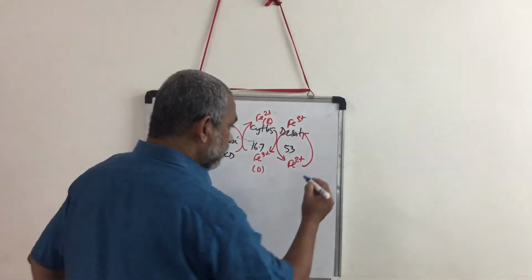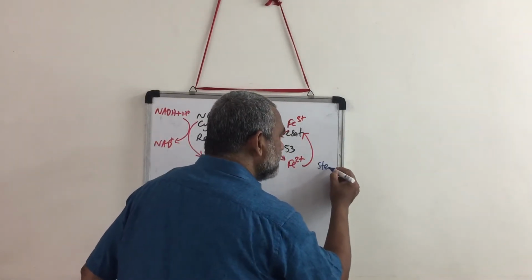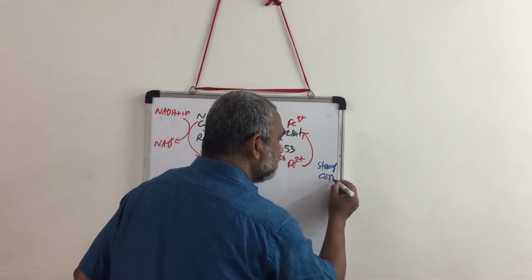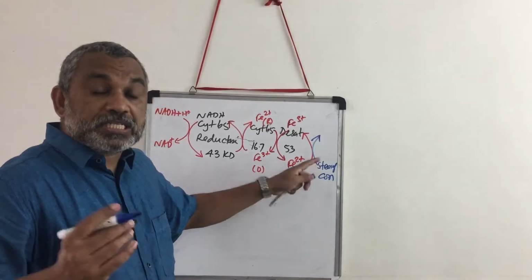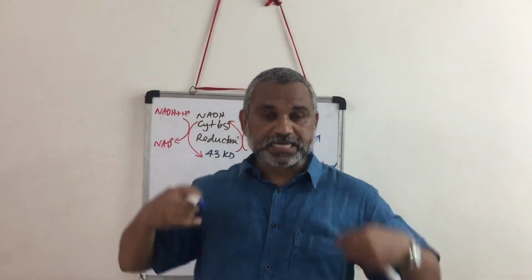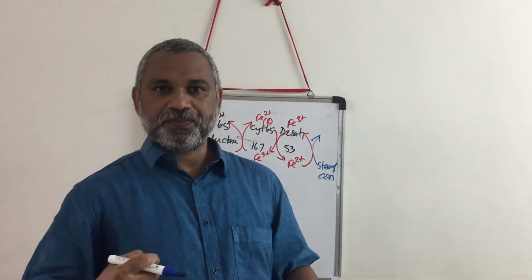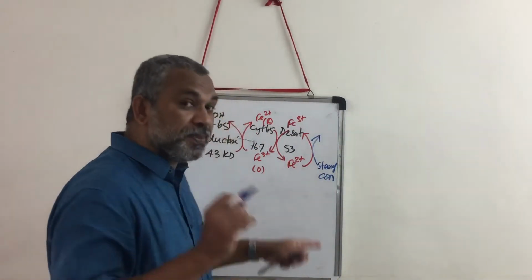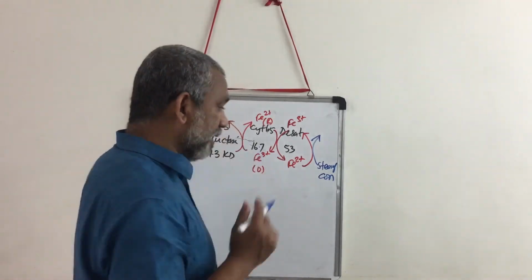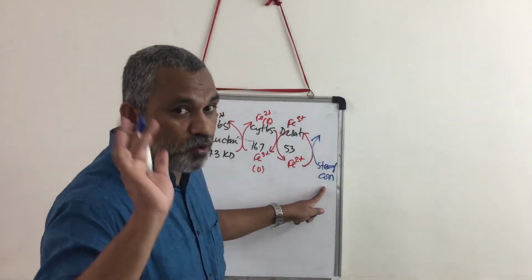Now it will transfer the electrons to the fatty acid. For example, if you have stearyl CoA here, it is pulling out 2 hydrogens from stearyl CoA. It will very specifically pull out 2 hydrogens from positions 9 and 10. Stearyl CoA has no double bond.